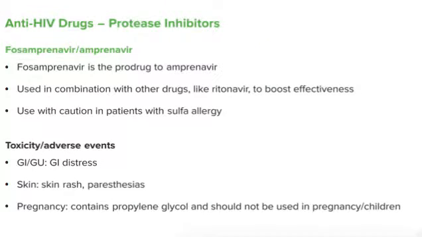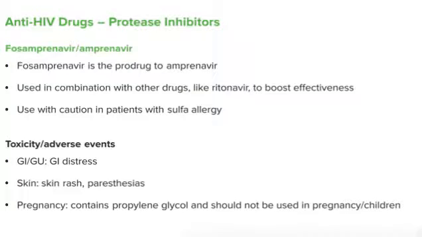The next protease inhibitors are fosamprenavir and amprenavir. Fosamprenavir is the prodrug of amprenavir. They are used in combination with other drugs like ritonavir to boost effectiveness, and caution is needed in patients with sulfur allergy.